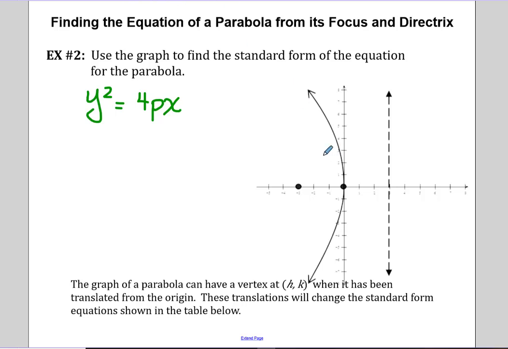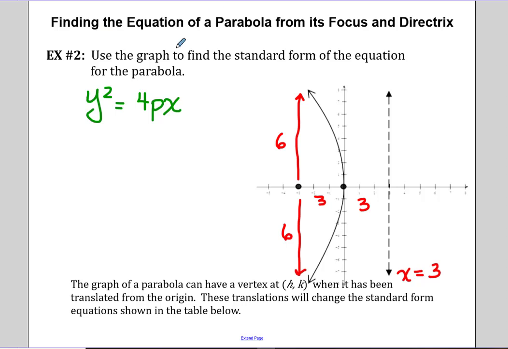And then it just becomes a matter of counting. So you can see between the directrix and the focus, we have 3 units across. This is at x equals 3. Then we have 3 more units. So if we were going to find the focal width, we'd go 6 units this way and 6 units this way to find the other 2 points on our parabola, which is off the screen here.